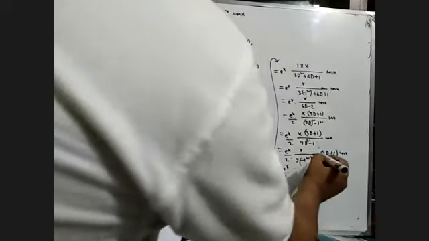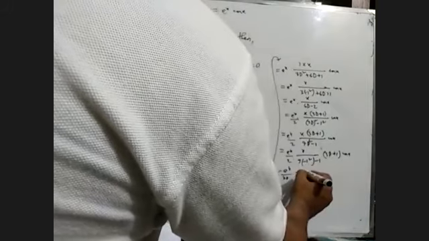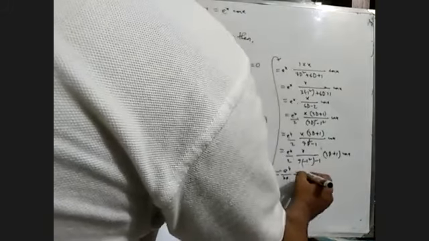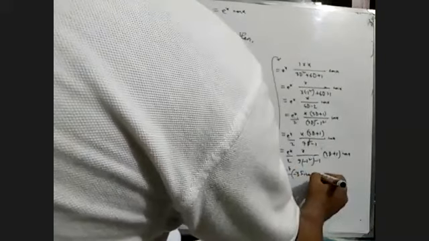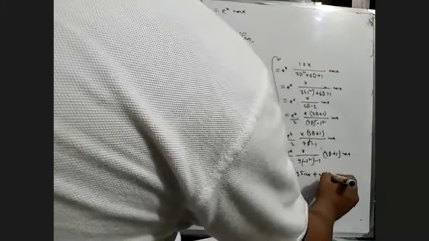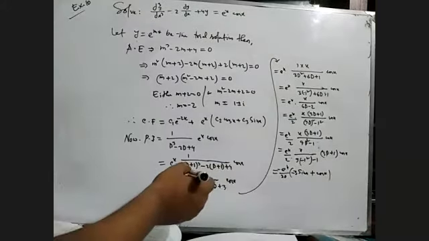So e to the power x divided by 20 times the differentiation of cos x, that is minus sin x, plus cos x.